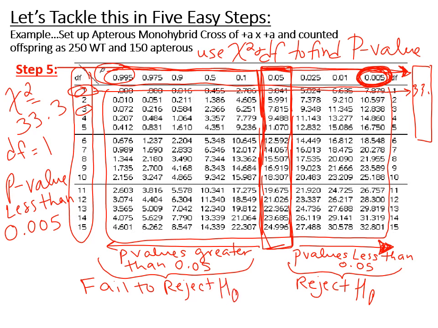Notice we said before you're not accepting, you are failing to reject the null hypothesis when your p-values are above 0.05. Now keep in mind, in our example, our p-value was less than 0.05, so we rejected the null hypothesis.